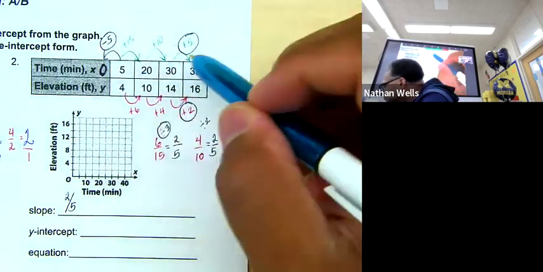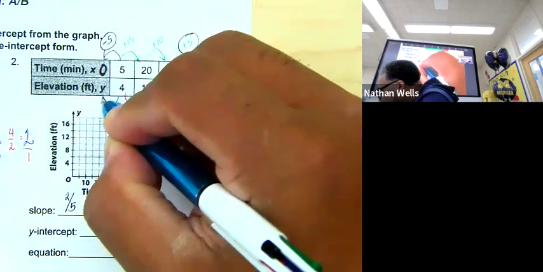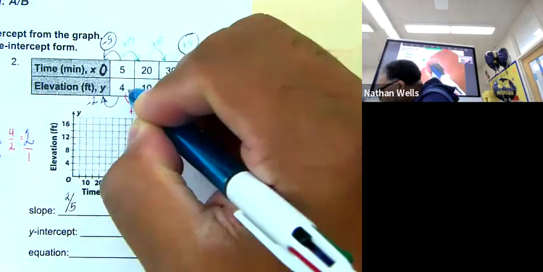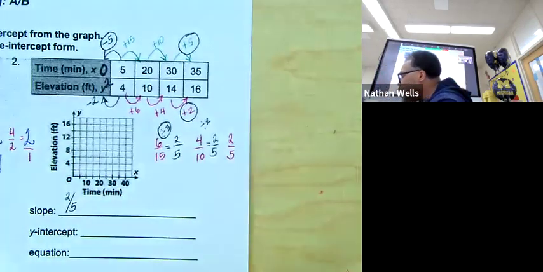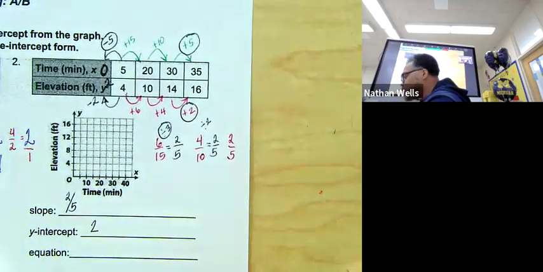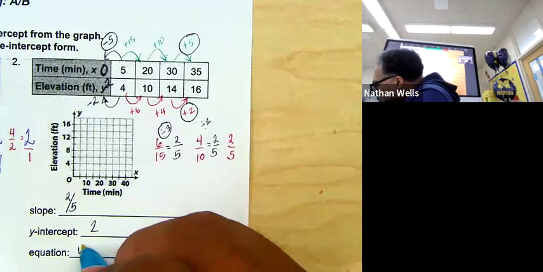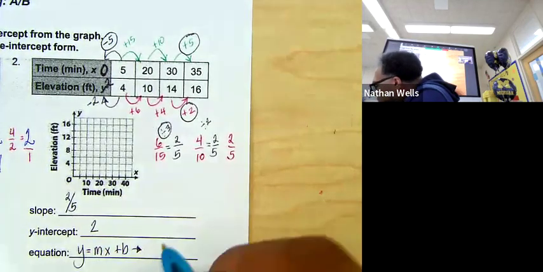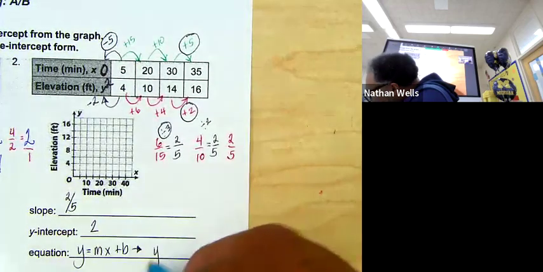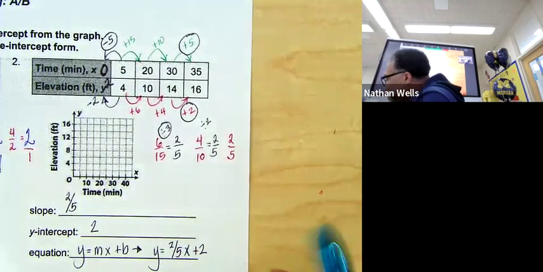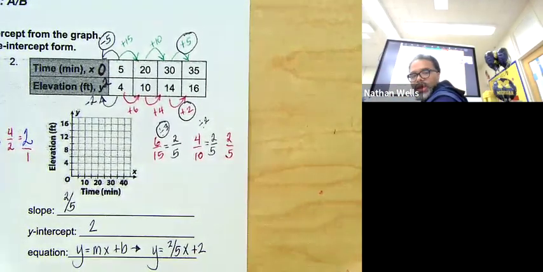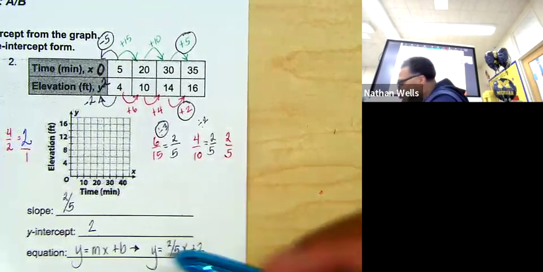So if I'm subtracting 5, I need to subtract 2 on the y. 4 minus 2 is 2. So when x is 0, y is 2. Slope-intercept form is y equals mx plus b. I'm just going to replace the m with 2/5 and the b with a positive 2. And there is my equation.